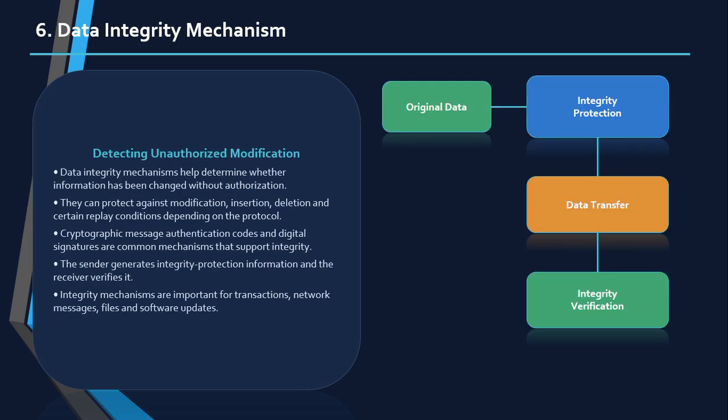Then the data integrity mechanism helps detect whether the information has been changed without authorization. Even if the authorized person does not know whether the information has been changed, it can be checked under the data integrity mechanism.